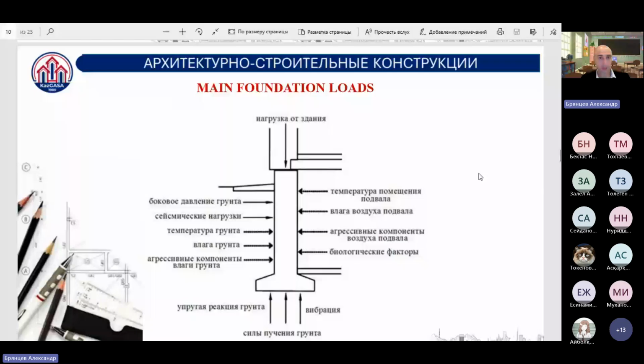Next one is wind, which also represents a lateral load. In addition, physical and chemical influences are also present: soil temperature, salts, some special gases, biological factors such as microorganisms. If there is a higher water level, higher humidity conditions can be found.